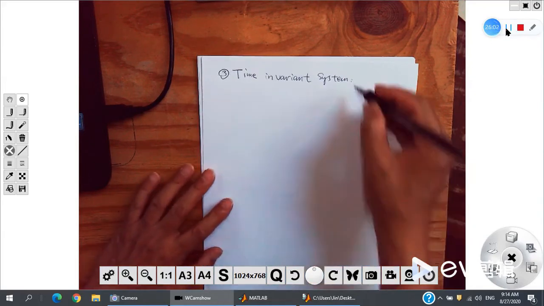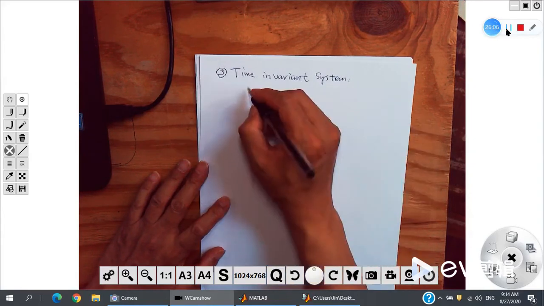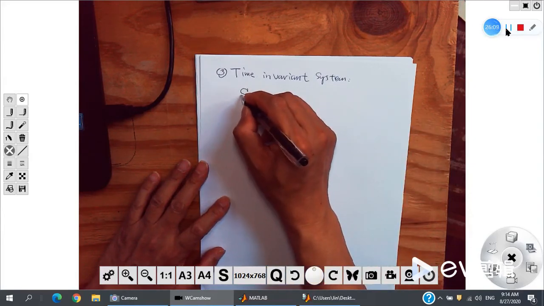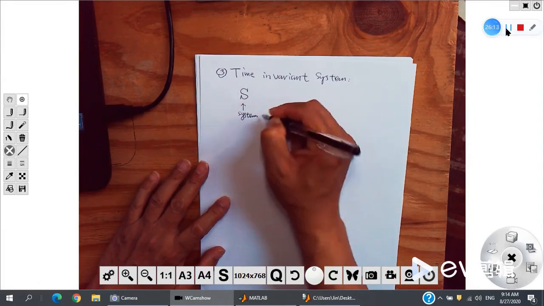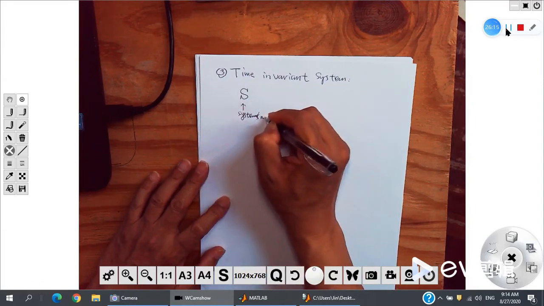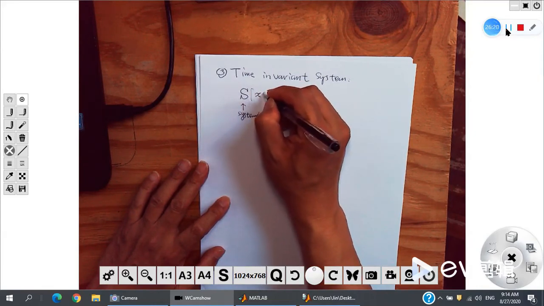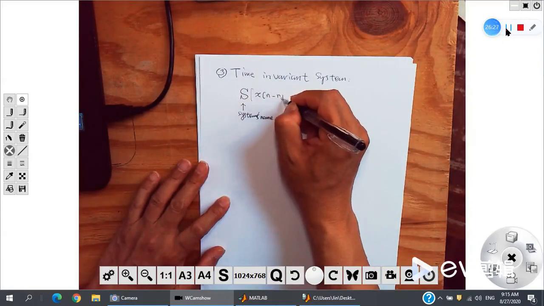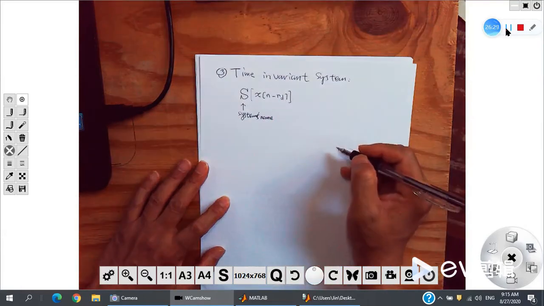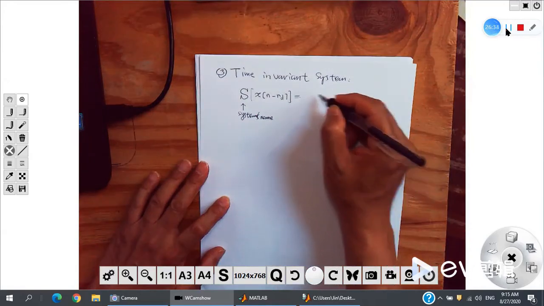So we can describe this by a formula like this. Suppose the system is S, this is the system's name, and this is input x. Now I shift this by n minus nd. I use a shifted x as the input.